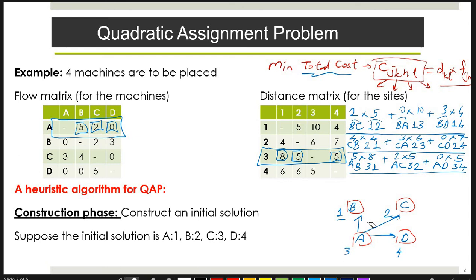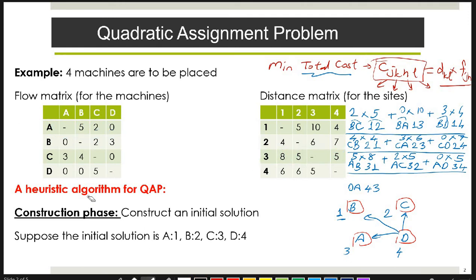And the last calculation is the costs from D to A, D to B, and D to C. So DA, where D is in 4 and A is in 3. And let me clean this up. D to A is 0 multiplied by 4 to 3, which is 5, plus D to B, where D is in 4 and B is in 1.